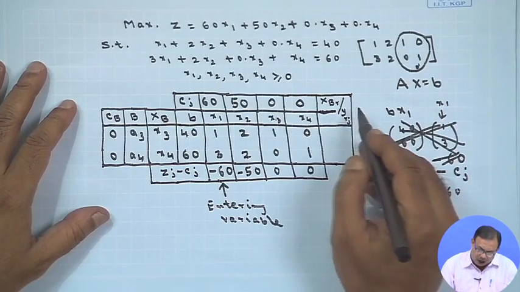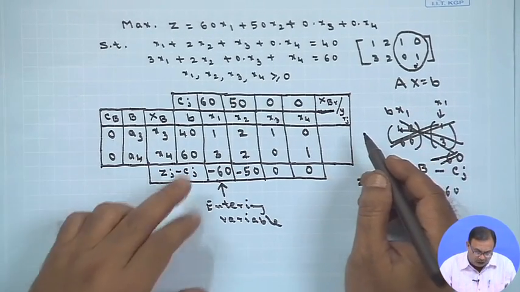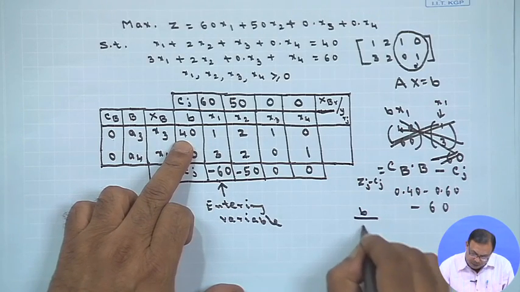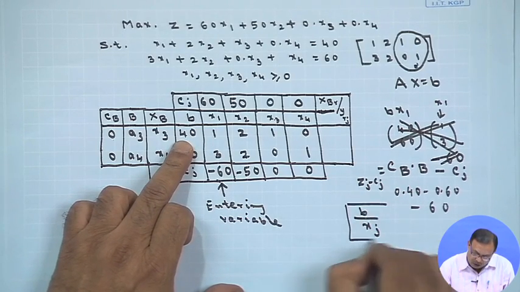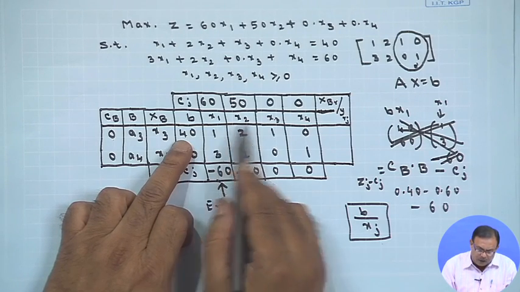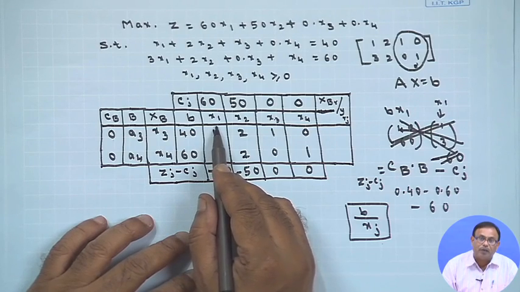And similarly, now you calculate xbr by yrj. This is basically b by xj value. Xj may be 1, 2, 3, 4. So, here this is the entering variable, the variable is x1.